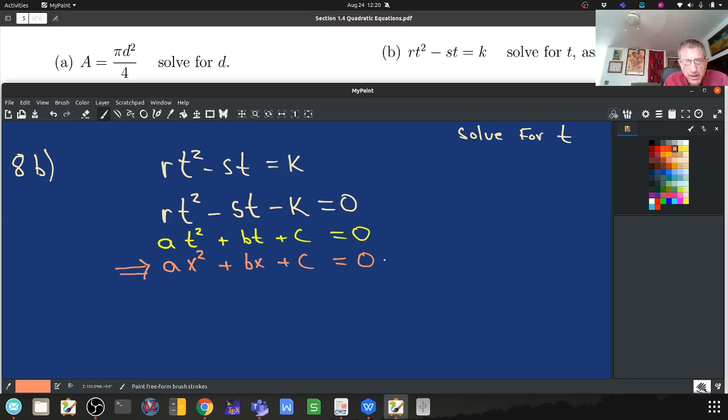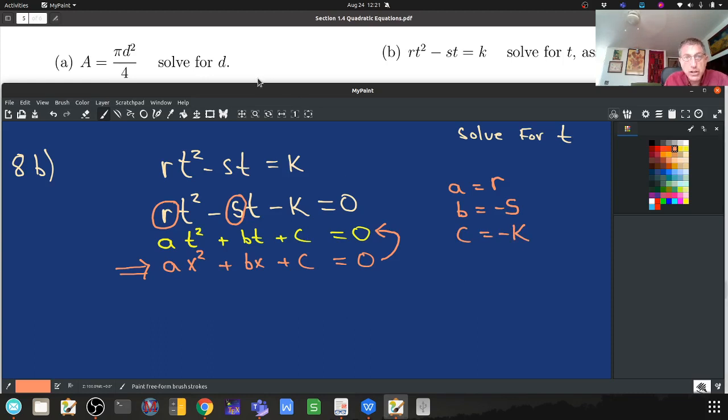Literally all I did to get from something you're familiar with to something you're not is replace the variable x with another letter, t. My coefficients are themselves variables. So my a is equal to r, my b is equal to minus s, and my c is equal to minus k.